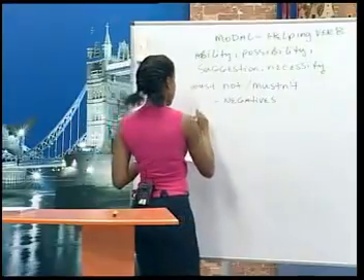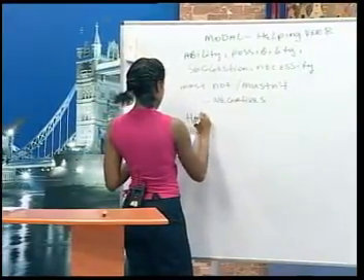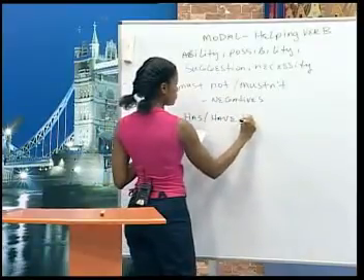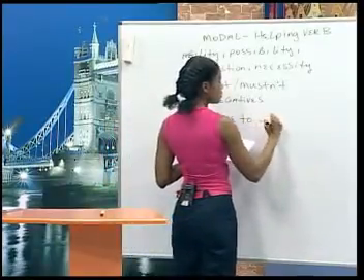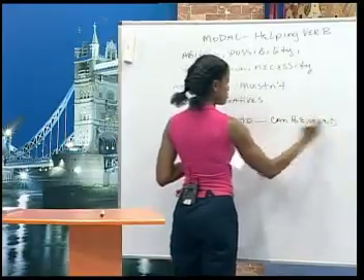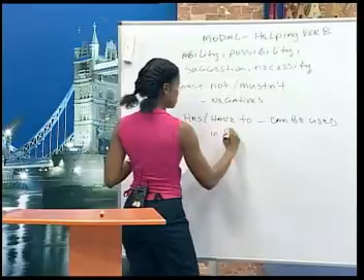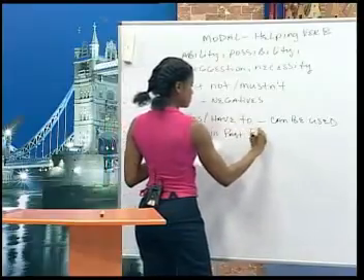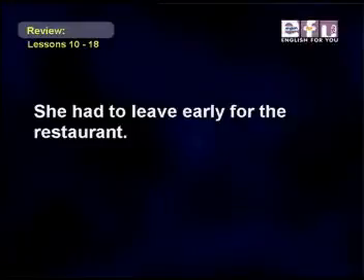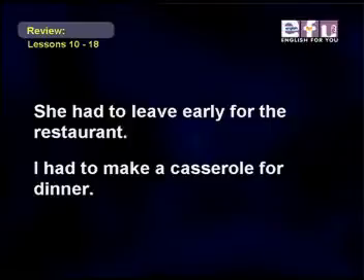Okay, now has to or have to can also be used in the past form. For example, she had to leave early for the restaurant. I had to make a casserole for dinner.